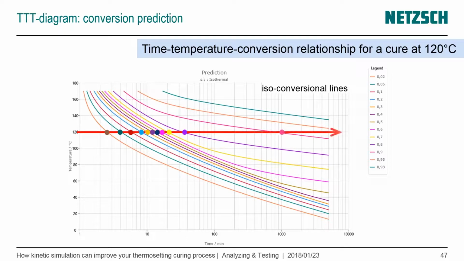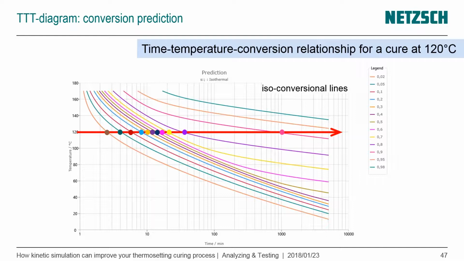And we can follow it, for example, at 120 degrees C. Let's process the material at 120 degrees C inside a mold, and let's follow the evaluation of the degree of cure. So you can see after around 2.5 minutes, we reach a degree of cure of 2%, but after 1,000 minutes, we reach a degree of cure of 90%.